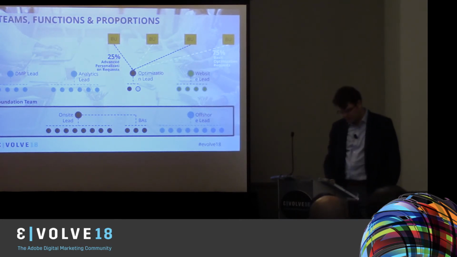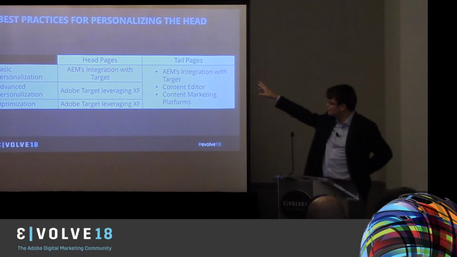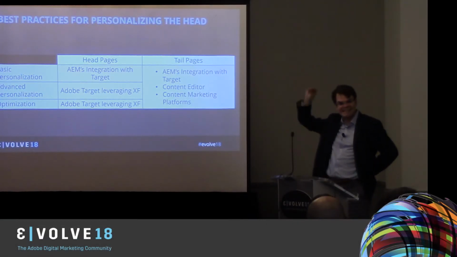Okay. The next piece is just to quickly summarize before we get into a little bit more technical aspects of the setup between AEM and Target. So for tail pages, what we covered in the beginning of today is really to leverage the integration with Target in AEM.